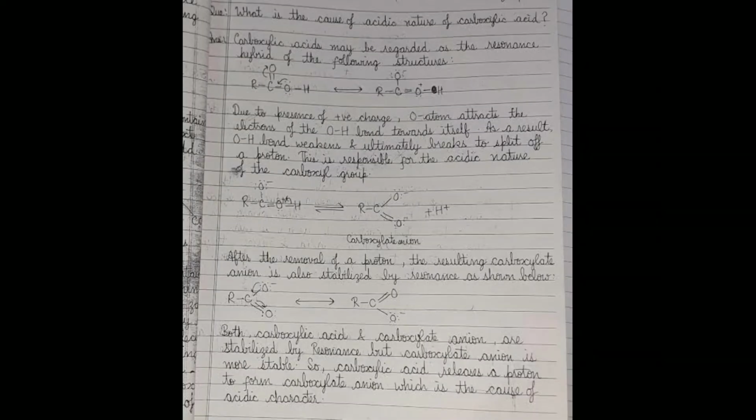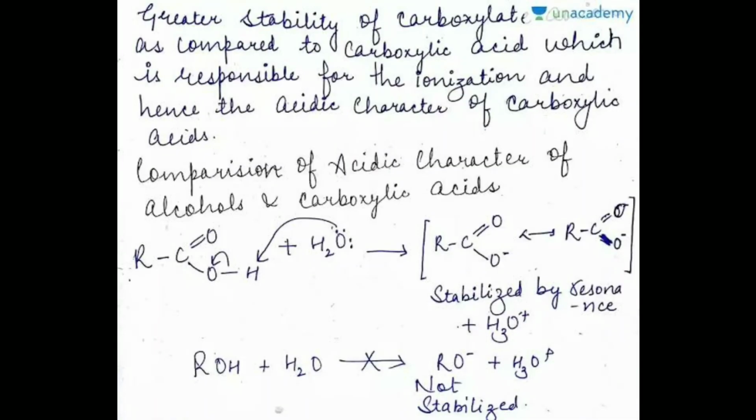The next point is the acidic character of carboxylic acid. The carboxyl group imparts acidic character to carboxylic acid. A carboxyl group is made of an OH group bonded to a carbonyl group. In aqueous solution, the hydrogen atom in the OH of the carboxyl group dissociates as a proton and the carboxylate ion forms as the conjugate base.